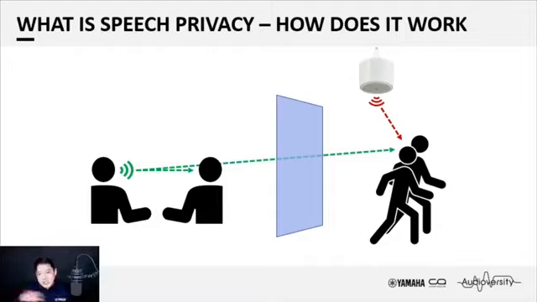So this creates the illusion of a wall or barrier where audible sound passes through but isn't received as clearly. Your conversation will be kept private. In layman's terms, this is basically how speech privacy in Yamaha's terms works for us.